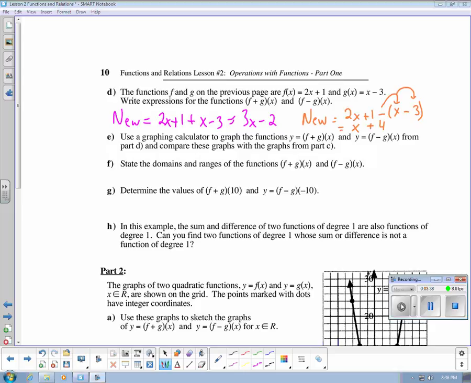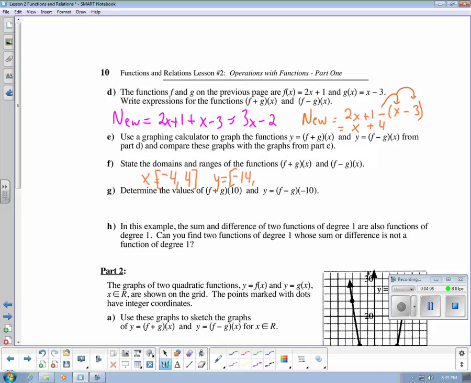And the domain and range of those functions, going back to our table of values for the f plus g at x: the x values can run from -4 to 4. Those are solid. -4 to 4 solid as the domain, and the range goes from -14 to 10, and those are solid.